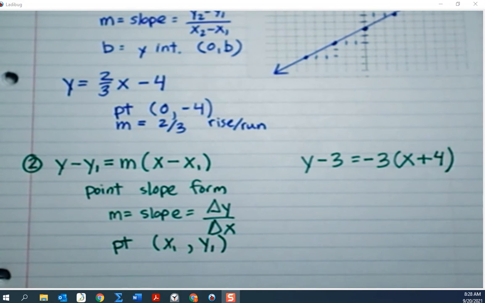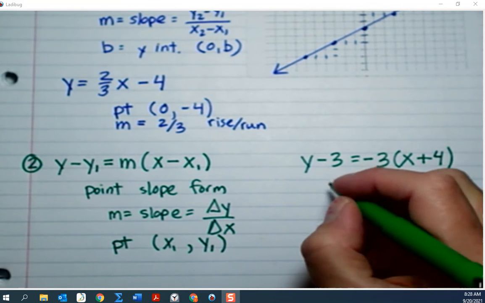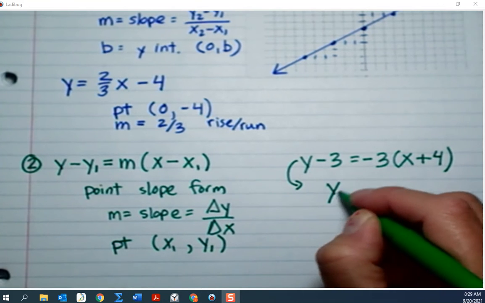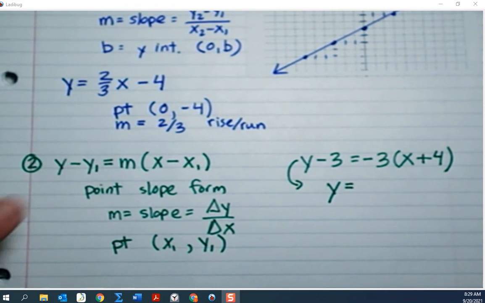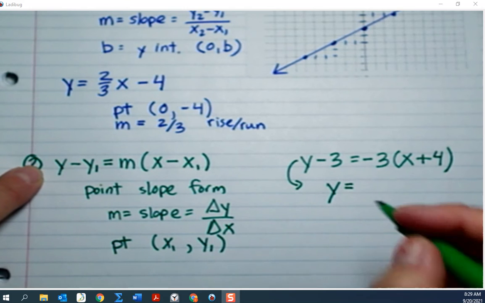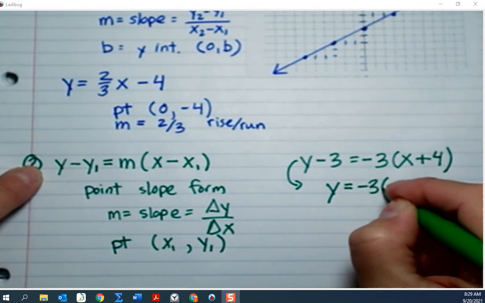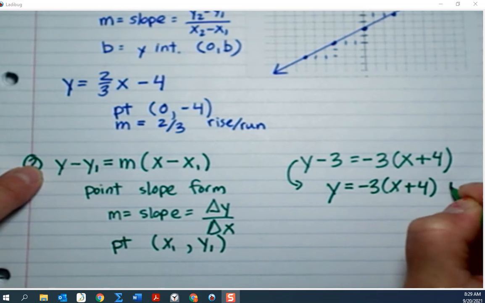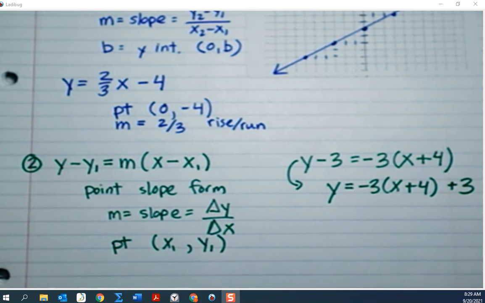I'm going to do one thing here. I kind of like to see my equations in y equals format, so I'm just going to add 3 to both sides. This is the format, but I like to see y by itself when I'm trying to graph. So I'm going to scooch this 3 over to the other side. Don't simplify. Leave it just like that.